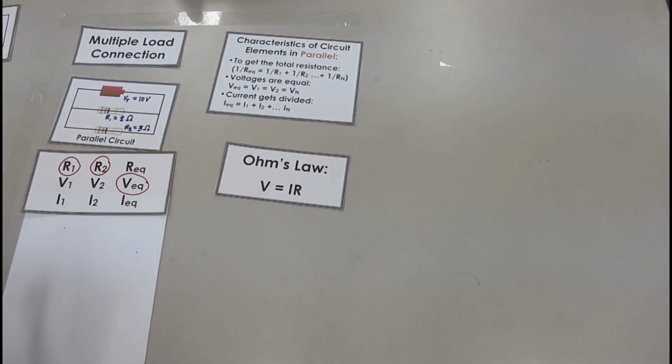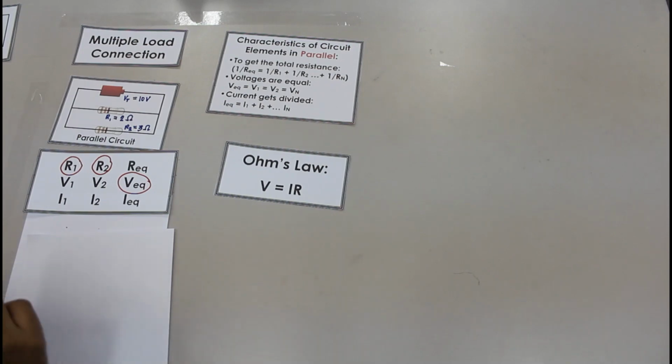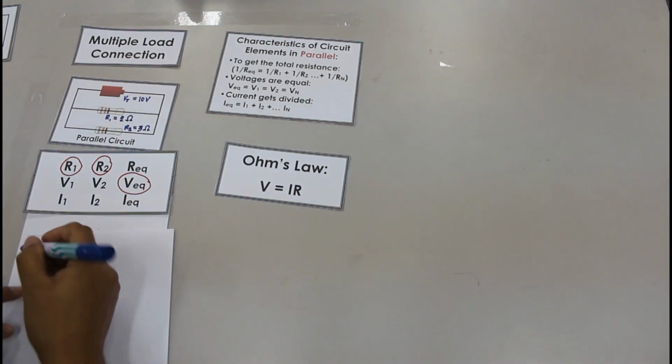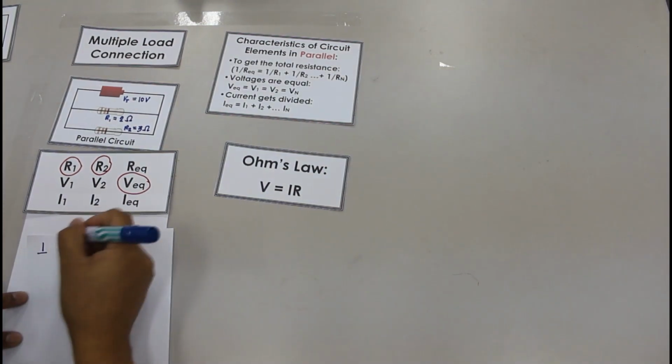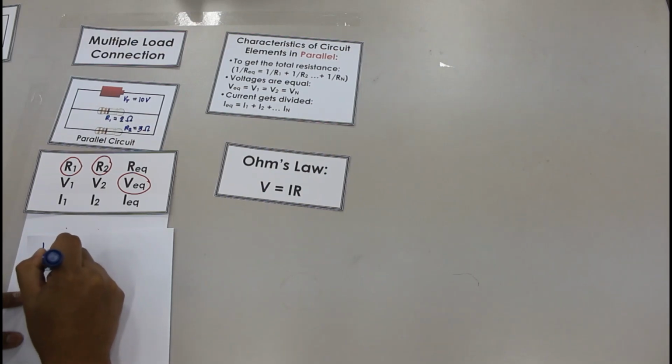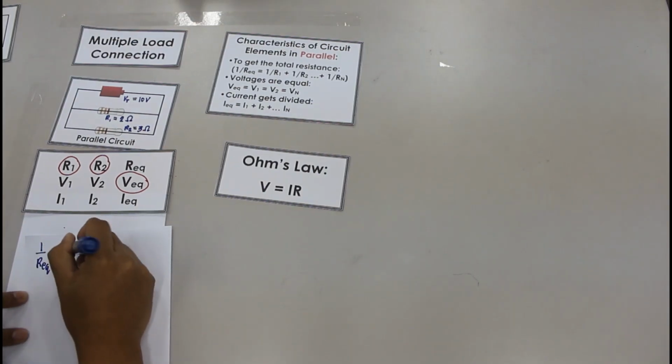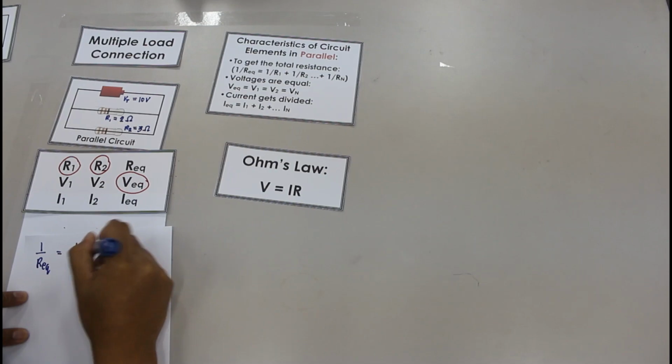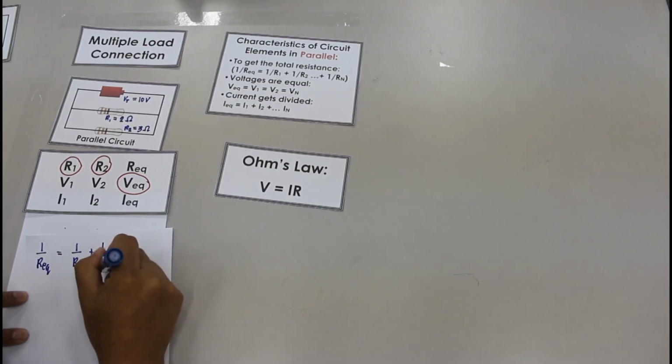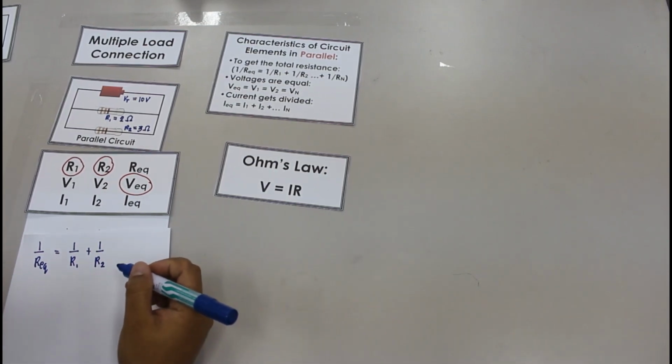Just like before, we can start our solution by solving our R equivalent. In solving R equivalent, we simply follow the equation 1 over Req is equal to 1 over R sub 1 plus 1 over R sub 2, since there are only 2 circuit elements given.